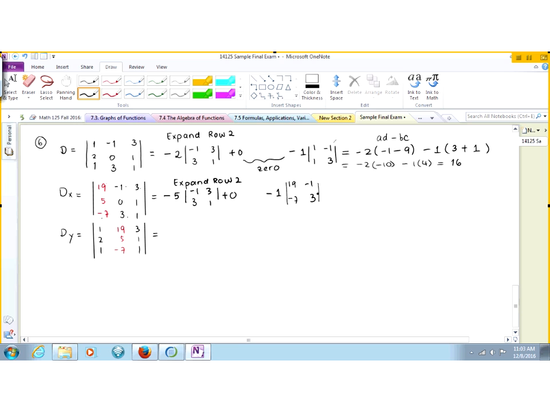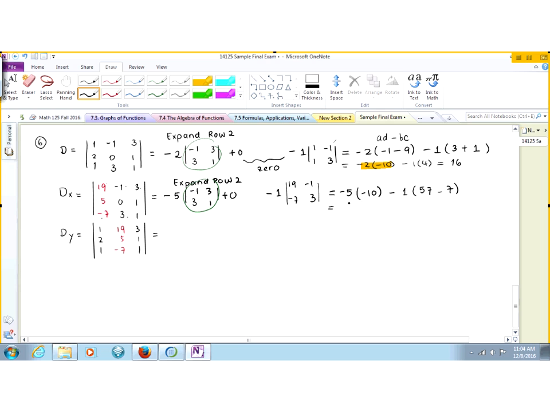Okay. So this is -5 times, well, I already did it here. So if I remember, I'll just put -5 times -10. Because I already did it on top. Right? Look at these. These two are the same. Yeah? Okay. Now, -1 times AD. What is AD here? 19 times 3. 57.